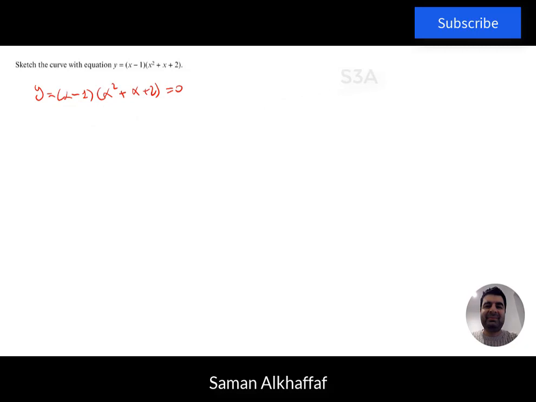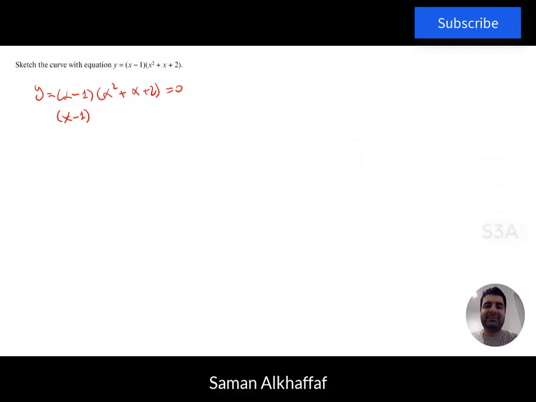So the first bracket will remain as x minus 1, and then we'll try to simplify the second bracket. We cannot solve this bracket by completing the square, so we can use the discriminant.